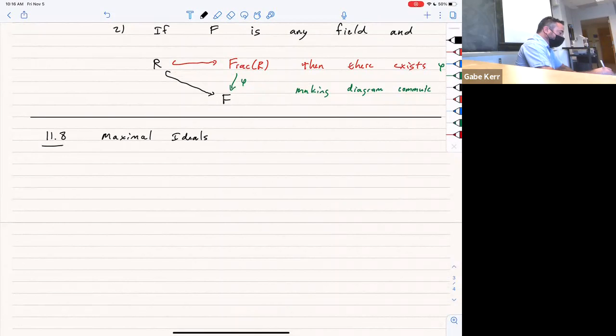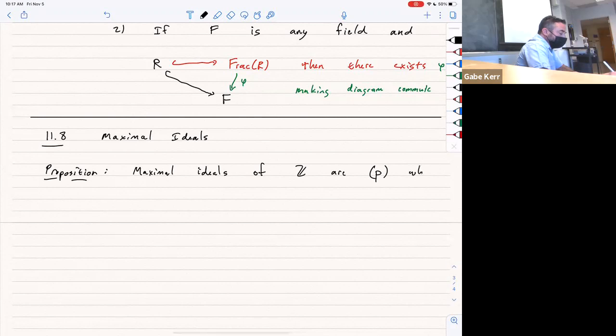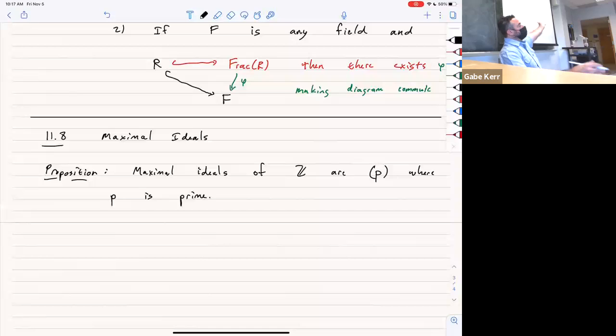He also has a proposition, which is kind of nice and interesting, which is that maximal ideals of the integers are principal, well, all the ideals of the integers are principal ideals, but they're principal ideals where the generator is prime. You know that, right? Because what happens when we quotient by this ideal?